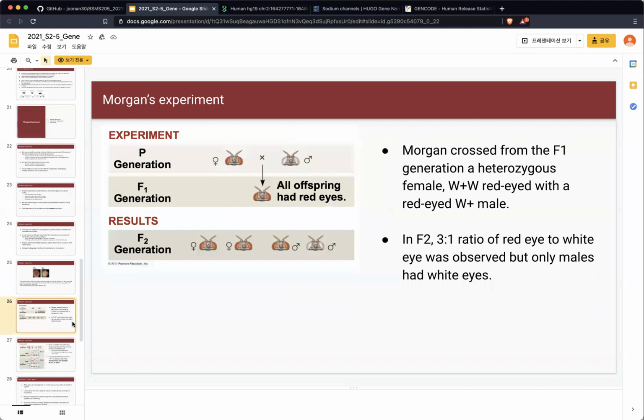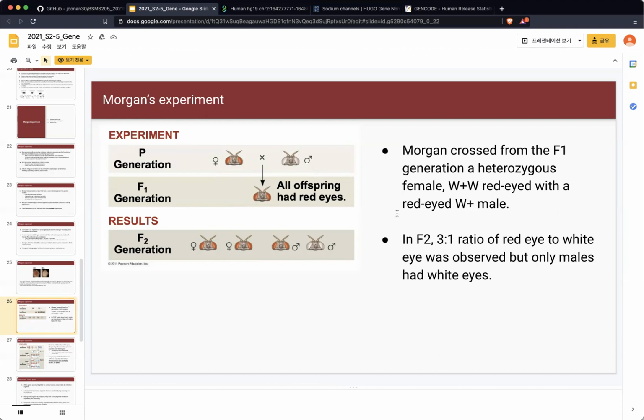Okay, so in Morgan's experiment, he crossed the first-generation heterozygous female, which has red eyes, heterozygous with the dominant allele, with red-eyed males, right? So which is the W plus, right?